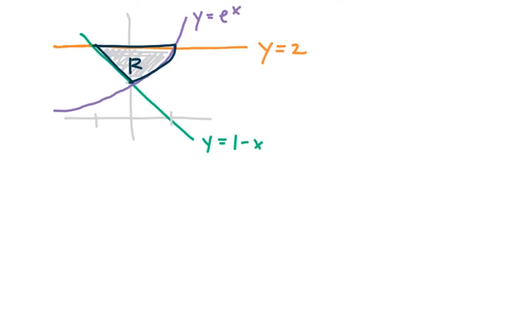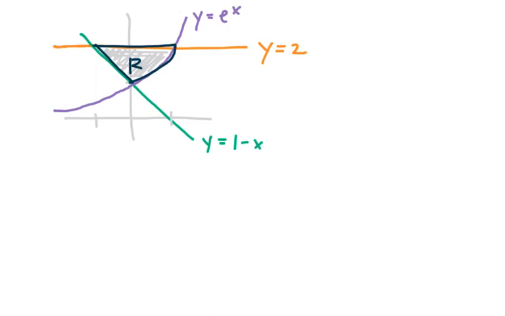And I have choices. Now, I obviously don't want to pick them vertically because I'll still have to split it up. So if I choose these horizontally, then I could choose a left and a right to be my upper and lower bounds. Now, if we're setting it up that way, we need our functions in terms of y.